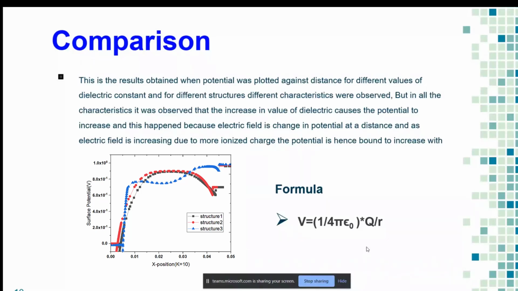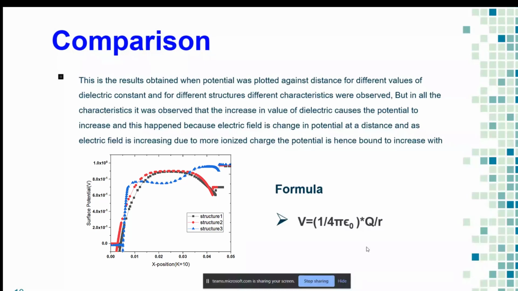We can see that the potential increases with an increase in the dielectric constant. We can also say this with the formula V equals 1 by 4 pi epsilon naught Q by R, in which 1 by 4 pi epsilon naught is directly related to the dielectric constant. So with an increase in dielectric constant, the potential will also directly increase.